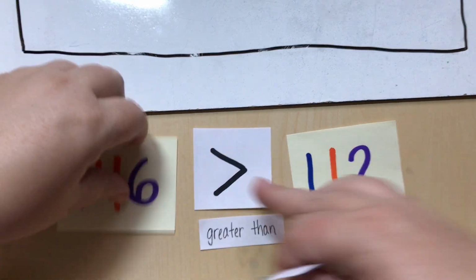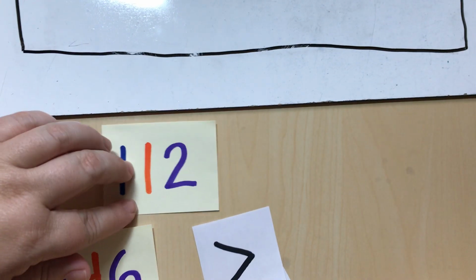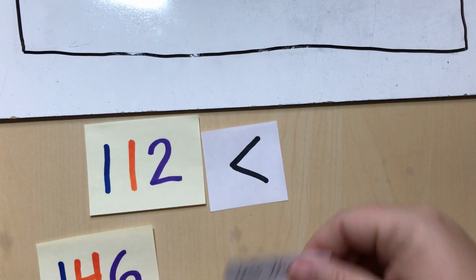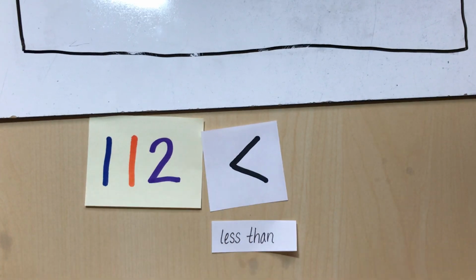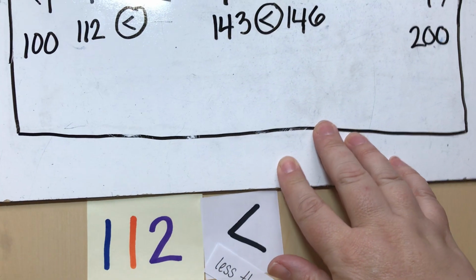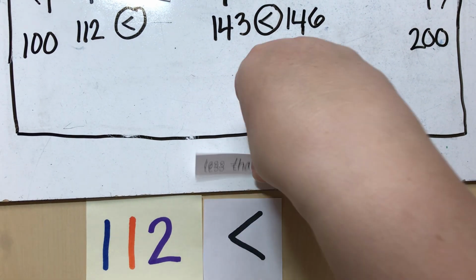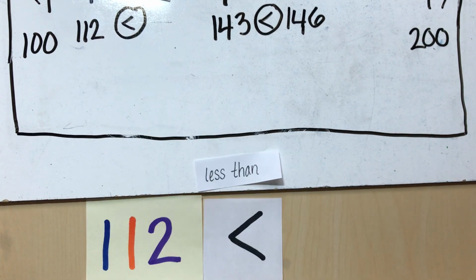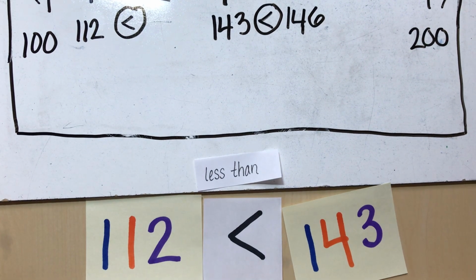I could switch it and do less than if I trade those on the other side. And then in my sentence frame, as I say this, I would say 112, which is down here on my number line, is less than 143.